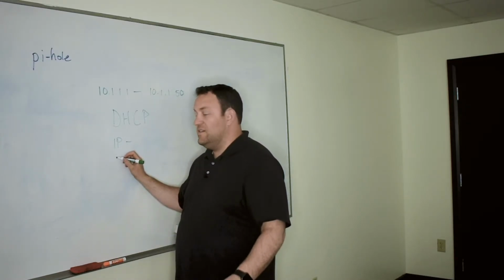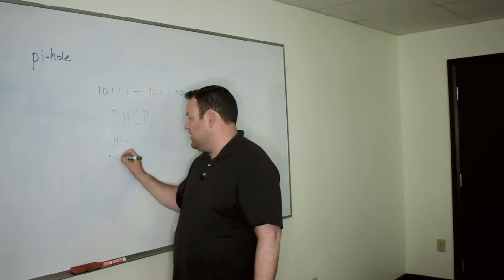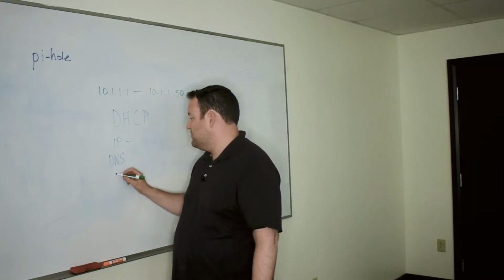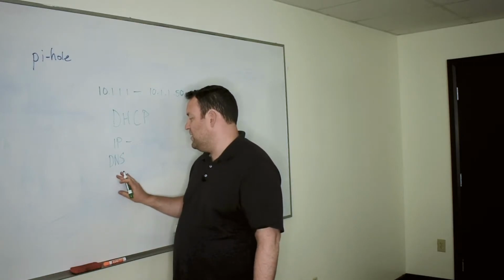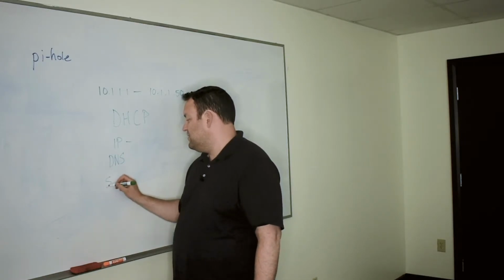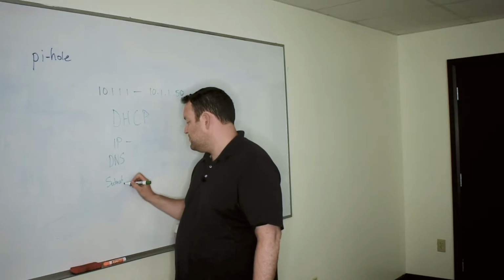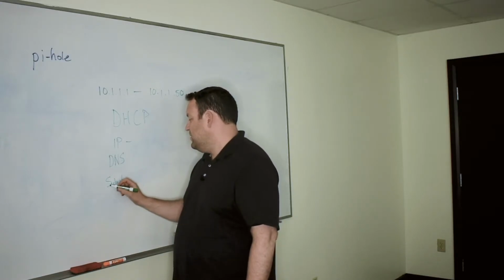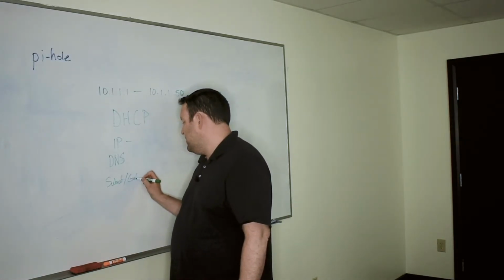The second thing it's going to need to know is, where do I look things up? DNS information. And it'll also need to know information about the subnet of the network and the gateway of the network.